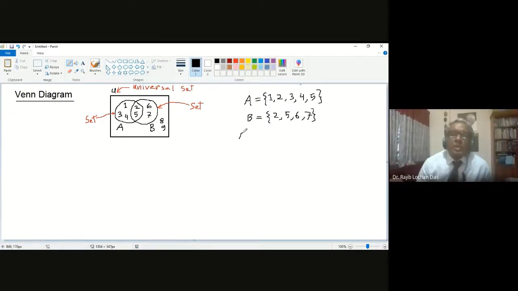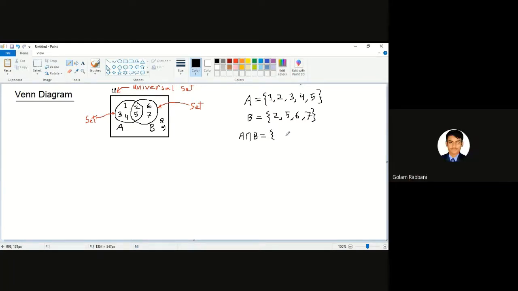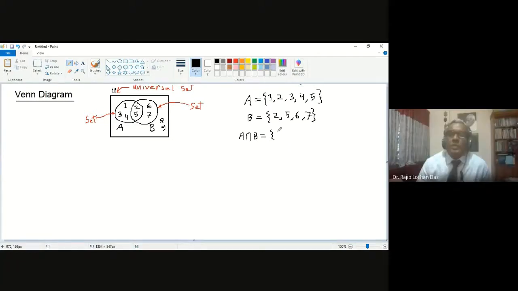Okay. So now tell me what are the elements in A intersection B? Sir, 2 and 5, sir. 2 and 5. Everyone is okay with that? Yes, sir. 2 and 5 is the common area. So you will find out the common area.